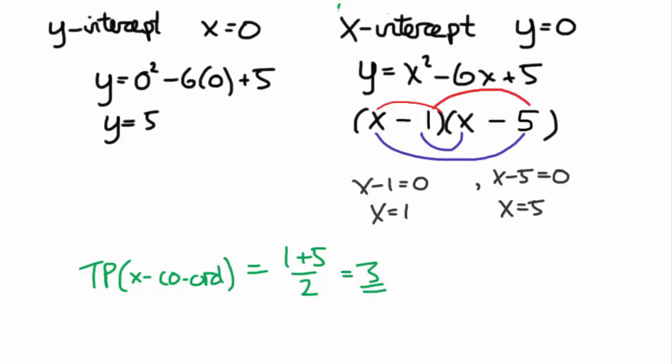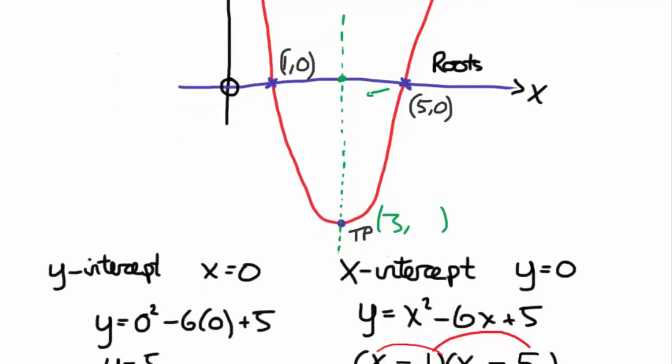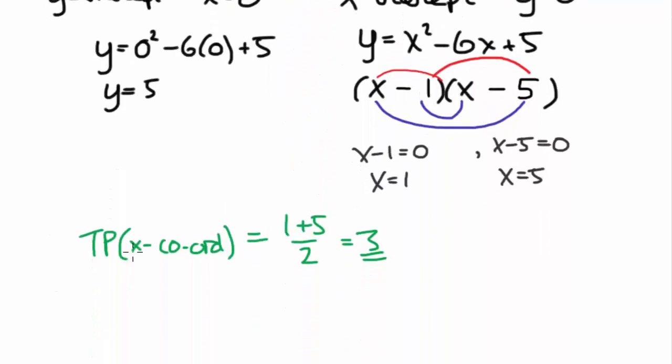Okay, now so we know this is 3 something. We don't know what the something is. So to work out the y, we just put it into the equation. We've got y equals x squared minus 6x plus 5, and we'll work out what y is when x is 3.